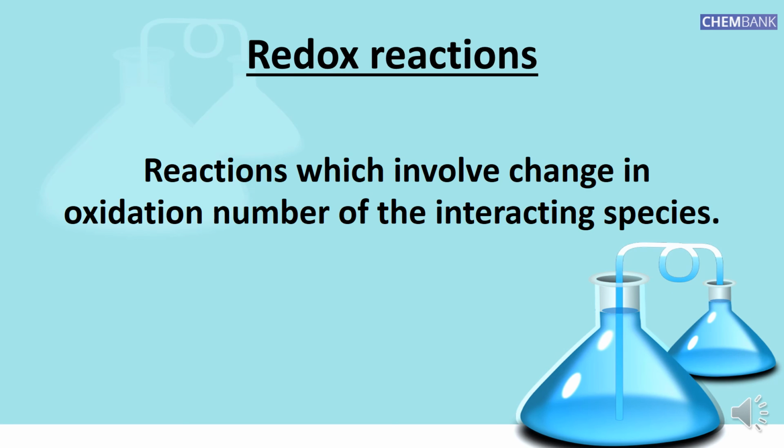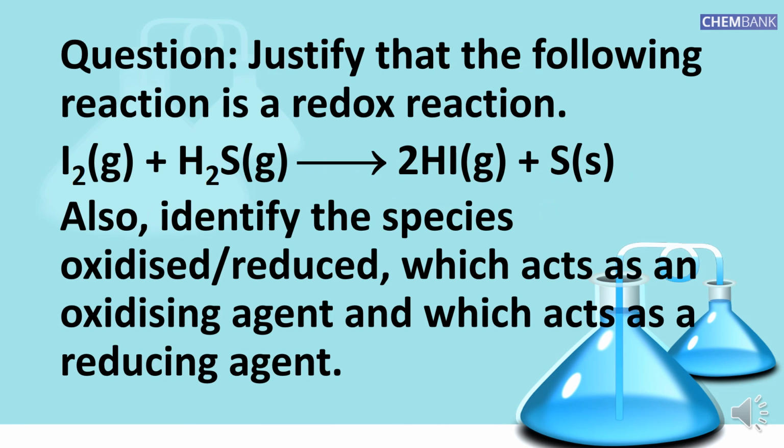So we can redefine redox reactions as reactions which involve change in oxidation number of the interacting species. So in case we have reactions where the oxidation number of the interacting species changes, these reactions will be redox reactions. Let us take an example.